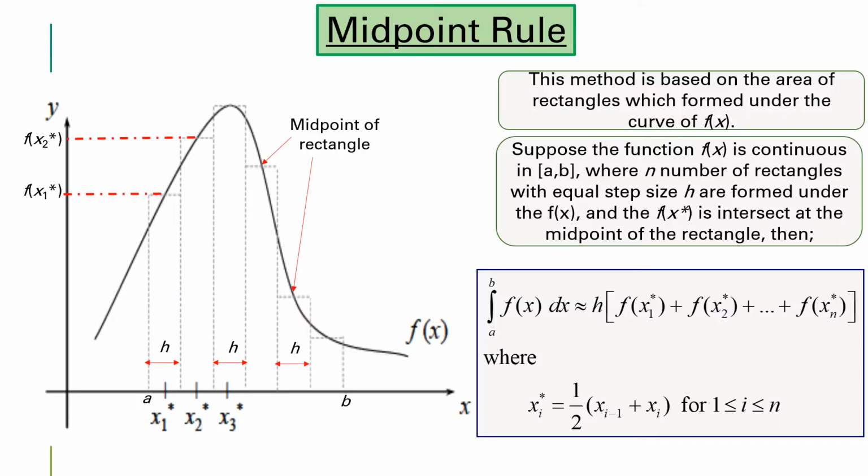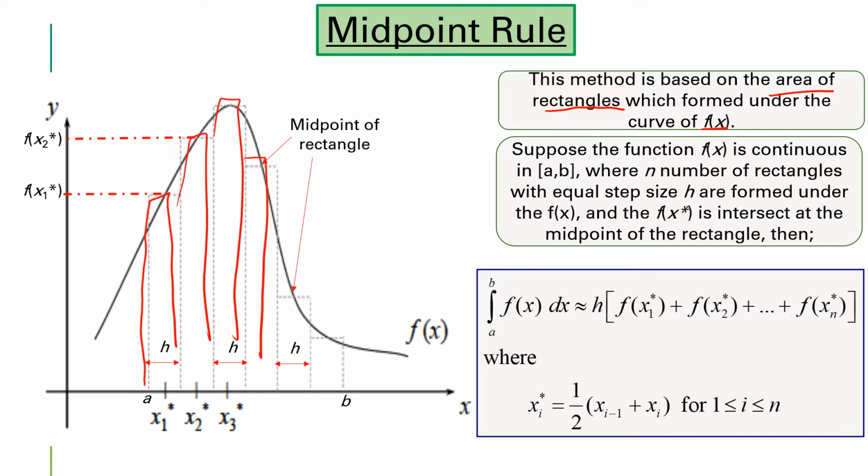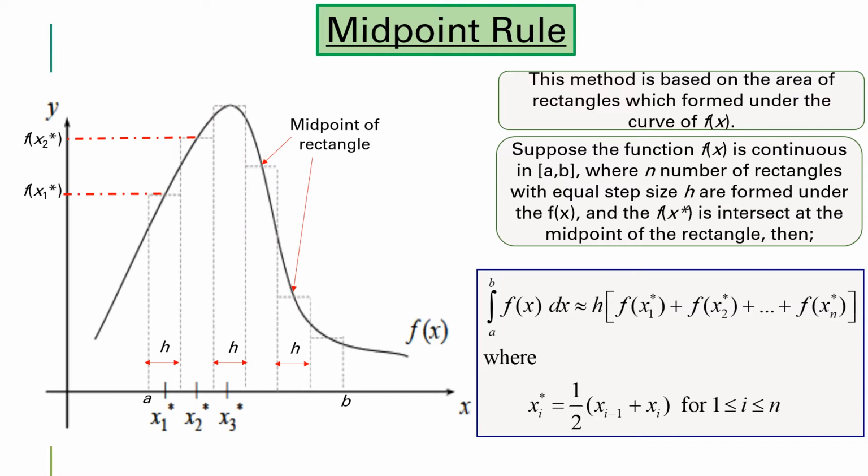Let's look at the midpoint rule. The midpoint rule is a numerical technique to approximate the area of rectangles which form under the curve f(x). We determine the area under the graph using these rectangles. Let's see the definition for the midpoint rule.